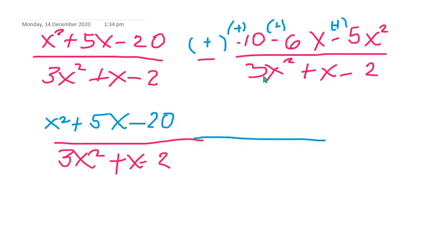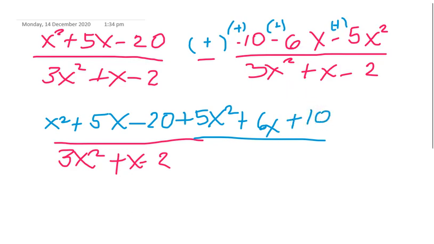Combine similar terms, so this is now positive 5x squared, positive 6x, positive 10. Then, combining similar terms, we have x squared plus 5x squared is 6x squared.